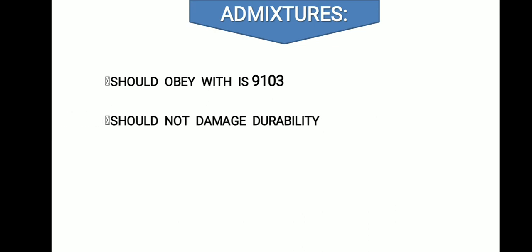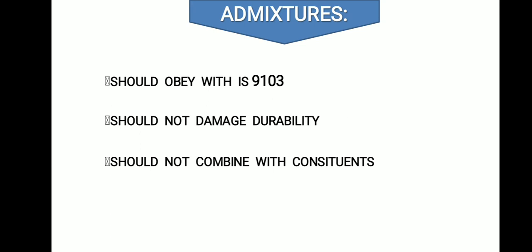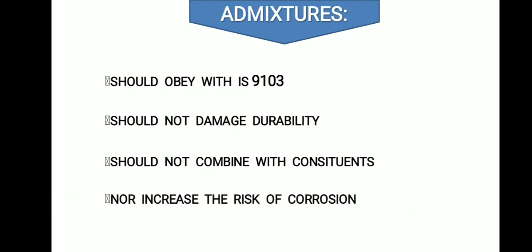When we are using admixtures, those admixtures should follow the rules of IS 9103. It should not damage the durability of concrete. It should not combine with the constituents or the ingredients and form harmful compounds, nor should it increase the risk of corrosion of reinforcement.